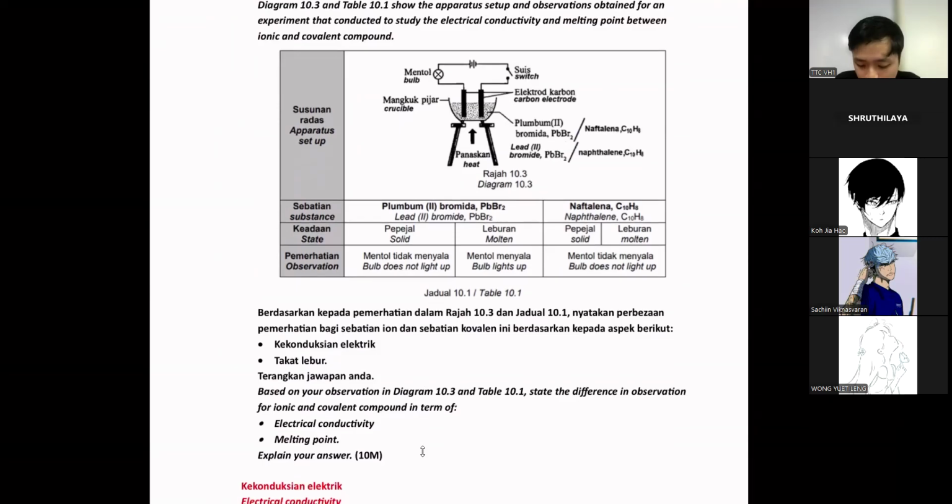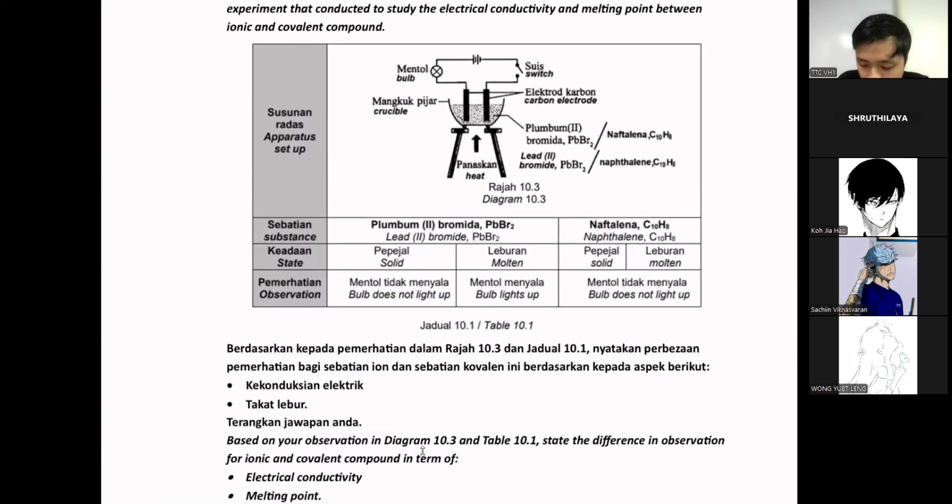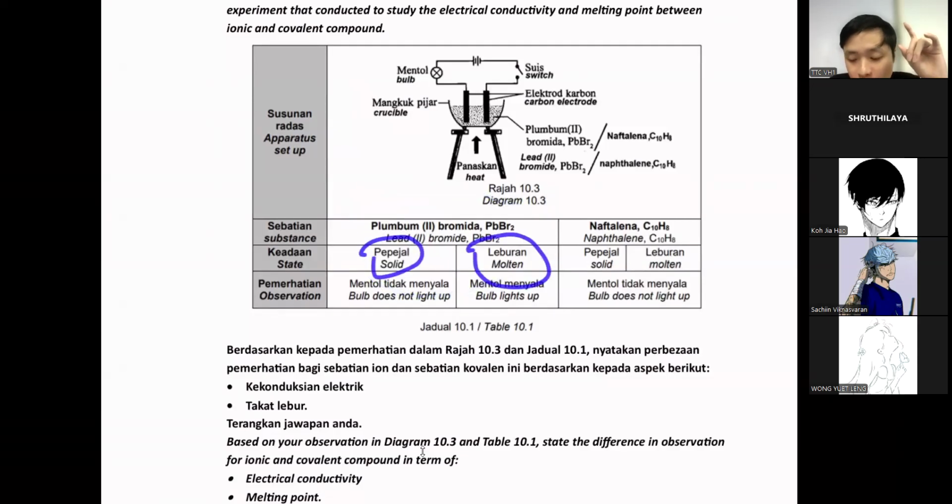Okay. So in this case, here is a 10 marks essay. What they ask is they give you an experimental setup. First time, they put lead(II) bromide. Then they change the experiment with naphthalene. If they use lead(II) bromide, they will test with solid and molten state.